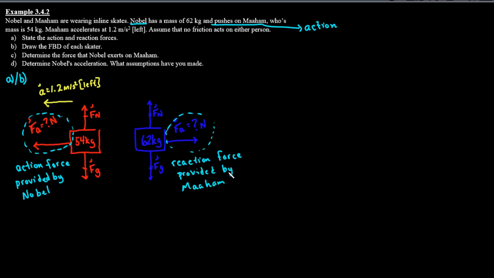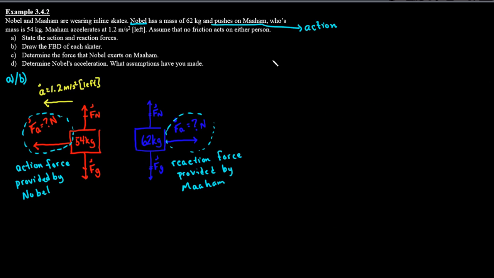Okay, so remember, Nobel exerts the force onto Mayhem, that is the action force. Then Newton's third law says there's going to be a force equal and opposite in magnitude, the reaction force, that is going to act to the right, and that is provided basically from Mayhem pushing back onto Nobel. Okay, so we've gone and done A and B.